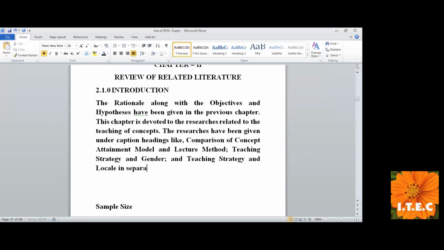In separate captions. Now, your one caption can be comparison of concept attainment model and lecture method.